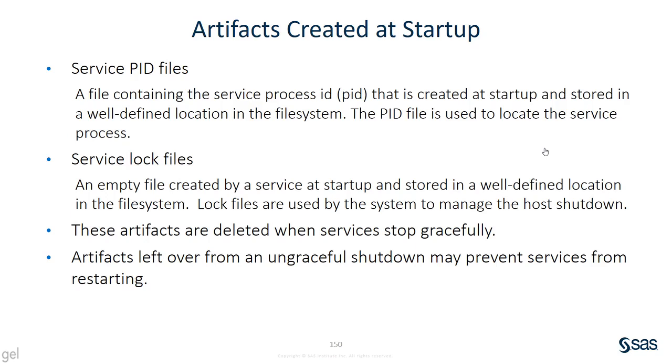So when I go to restart, things get really messed up because it says, oh, you already have a process ID, you must be running. I'm not going to try to start you again. Okay. So for a distributed environment, it's very important that we shut down gracefully whenever possible.